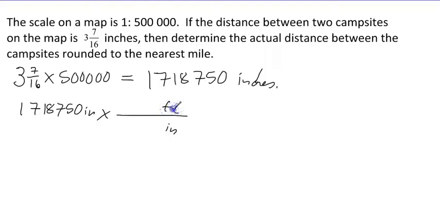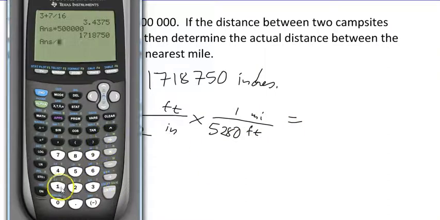Inches, feet, 1 foot, 12 inches. Feet, miles, 5,280. Okay, so we're going to divide by 12, then divide by 5,280. Divided by 12, divided by 5,280. Rounded to the nearest mile, 27 miles.